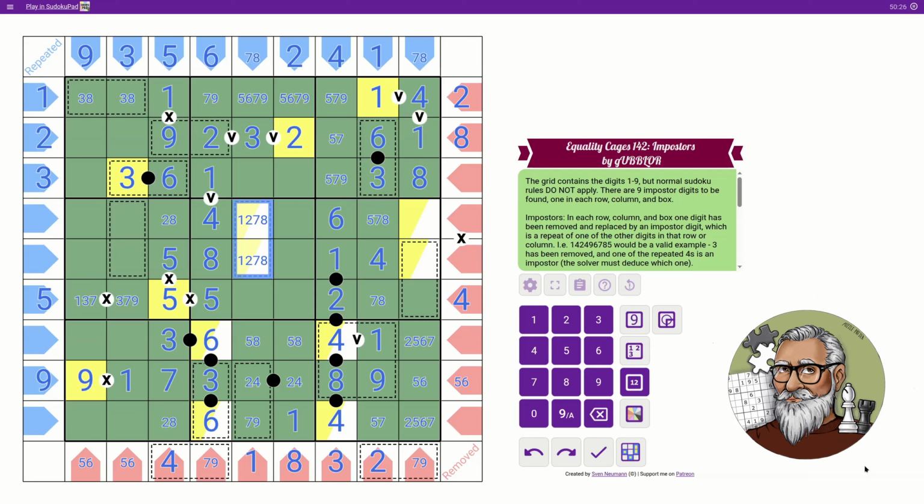I have no idea. There's no 1. So it's 2, 7, or 8. Actually, it's 2, 7, isn't it? Ah, okay. That's useful. Yeah. It's 2 or 7. So this one becomes a 7.